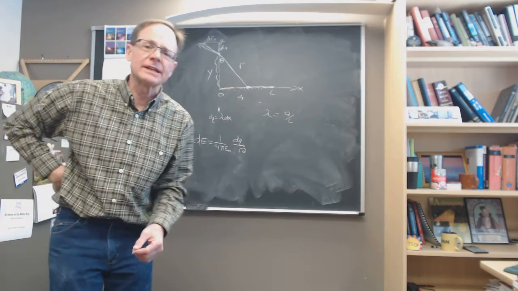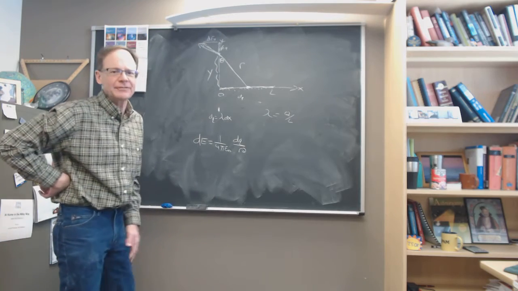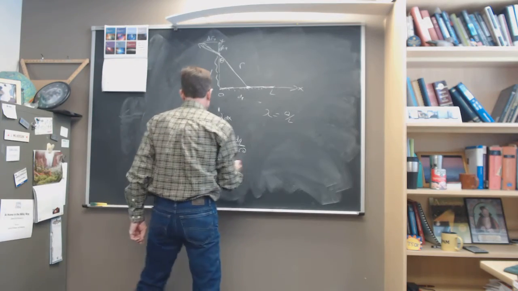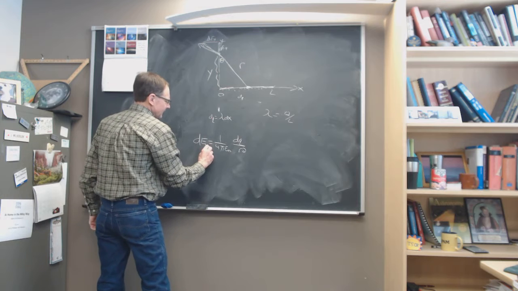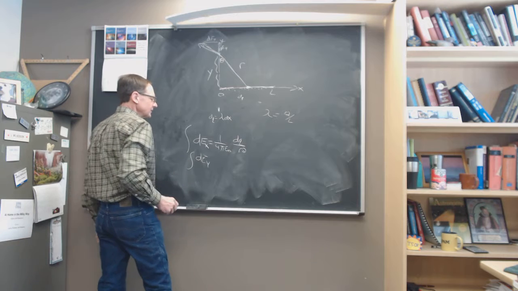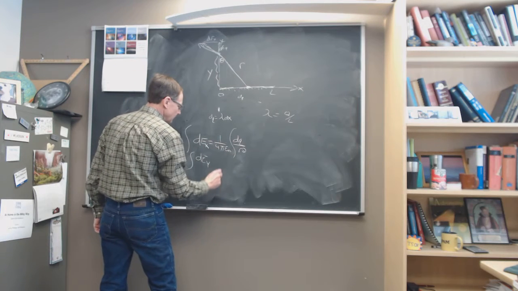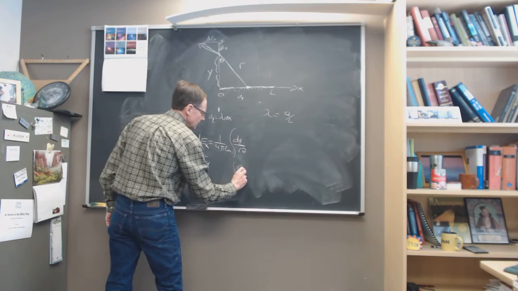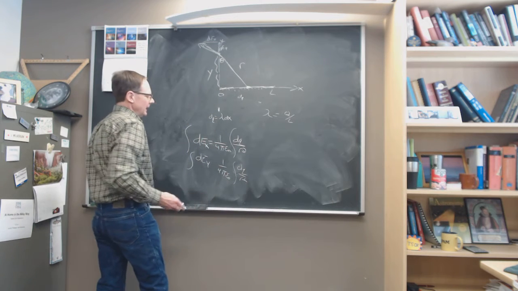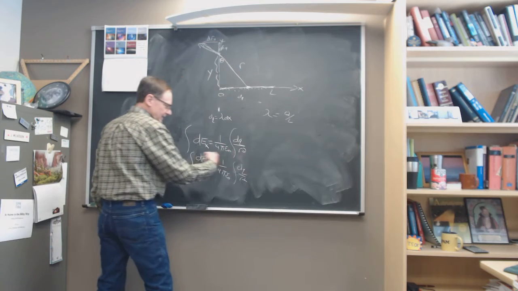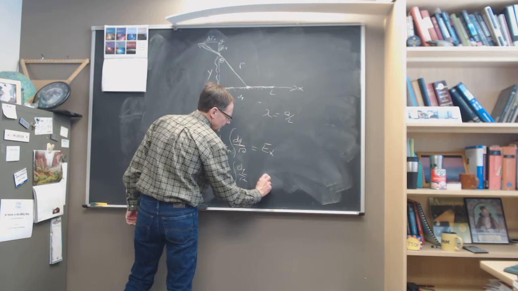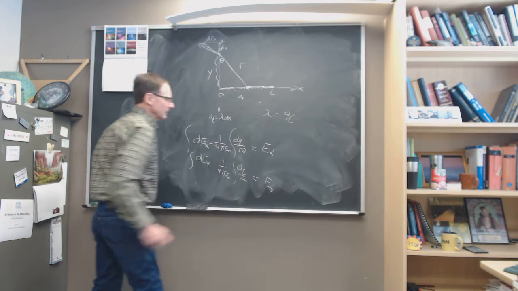You can't do the cancellation anymore. You just have to do two integrals, one for dE sub x and one for dE sub y, and then add those up to get E sub x and E sub y from this line segment.